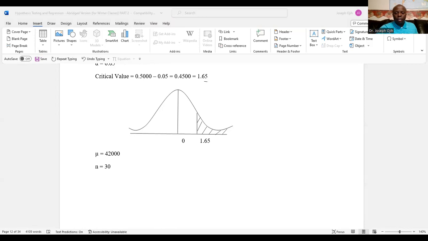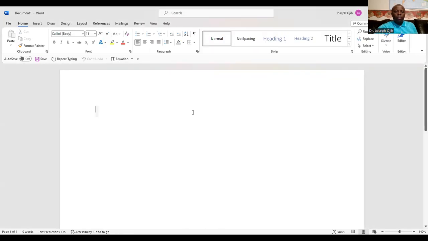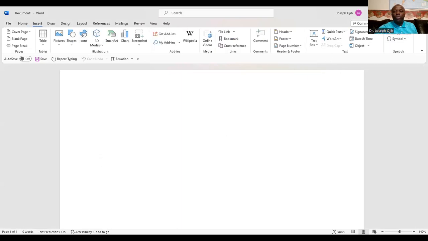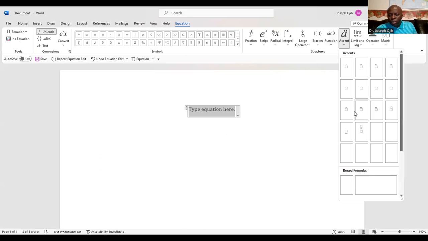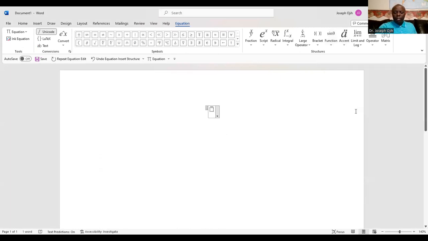It's found here. I didn't open it. I've got to open another workbook. Okay, so open it here, then show it to you. For this workbook, we have insert equation. So we have X bar, which is this one.